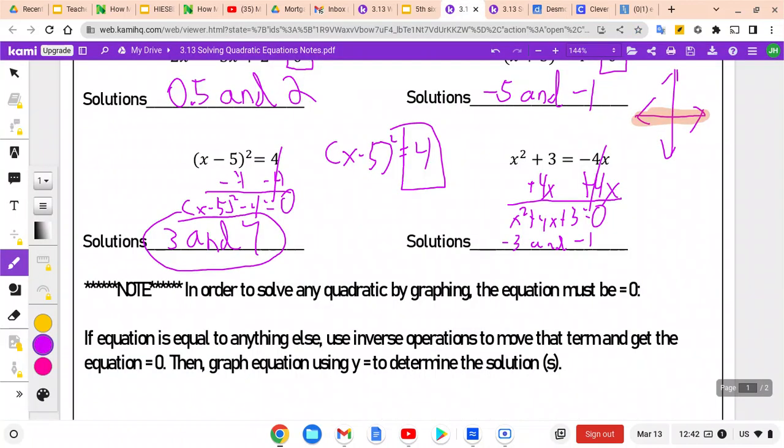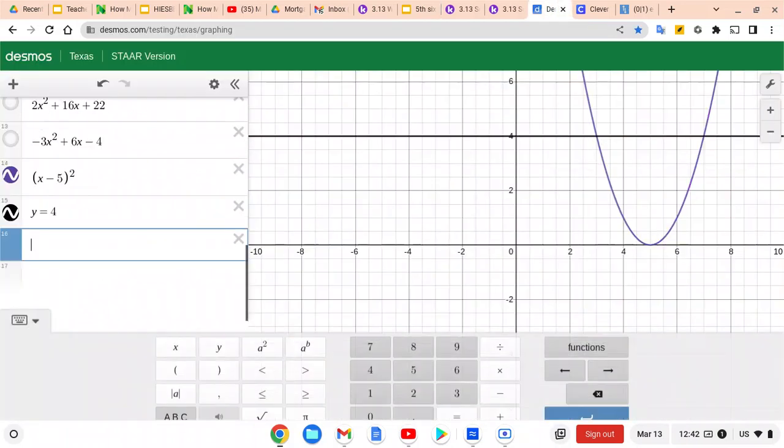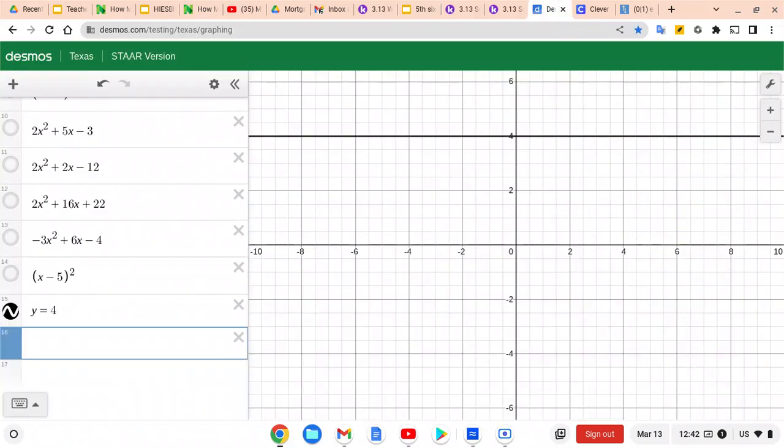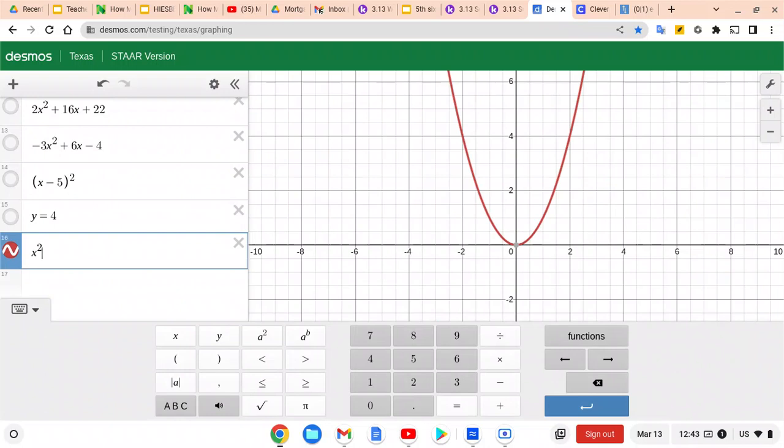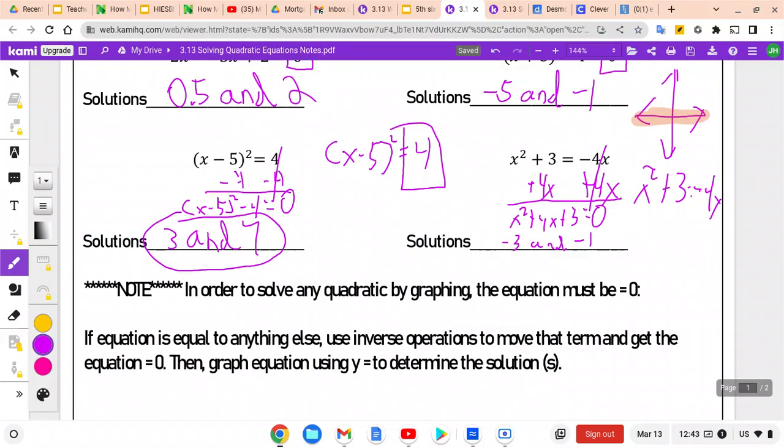Now, what about the fourth example here? So we had x squared plus 3 equals -4x. So you would come down here. Let me get rid of these. X squared. Let's see, did it say minus 3? Yeah, no, plus 3.